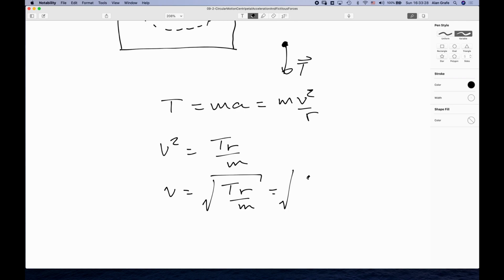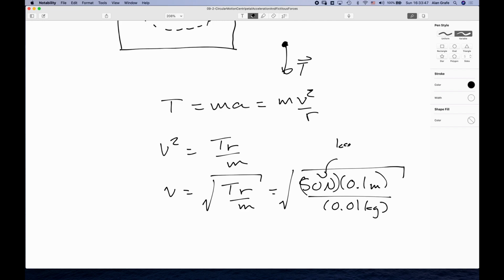So we said that the maximum tension we could have was 50 newtons. 10 centimeters, that's 0.1 meters. I said the washer is 10 grams, so that's 0.01 kilograms. And remember, it's important here to convert the centimeters into meters and the grams into kilograms, because a newton is a kilogram meter per second squared.